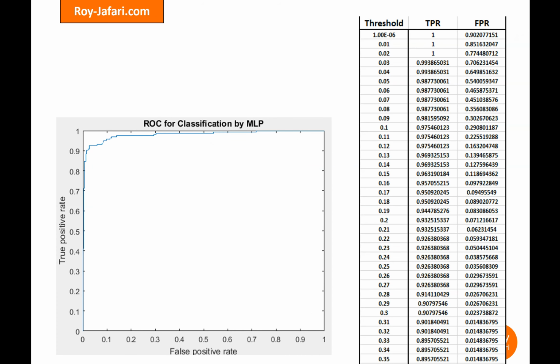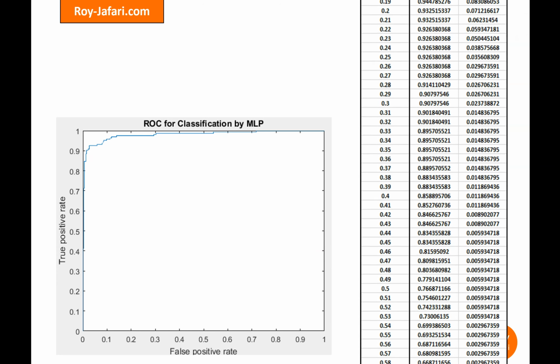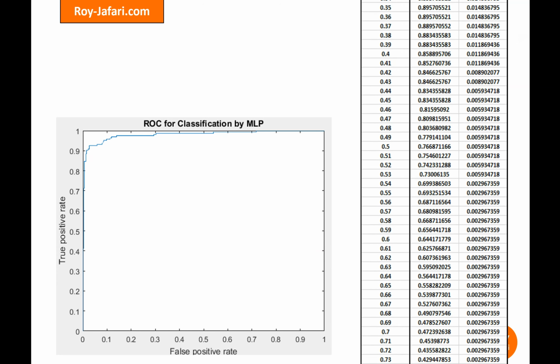Here's another example, where we have true positive and false positive. Again, we have to come all the way from below.